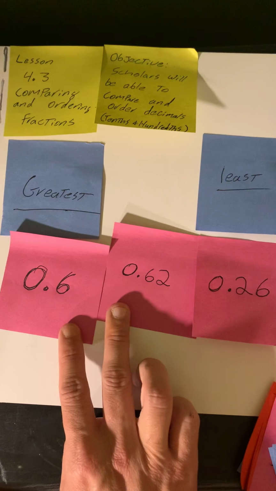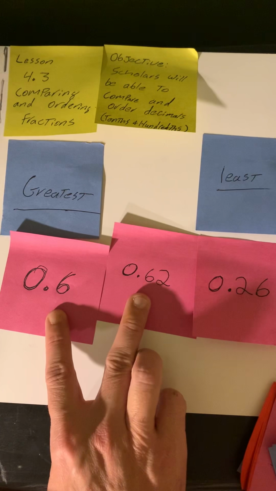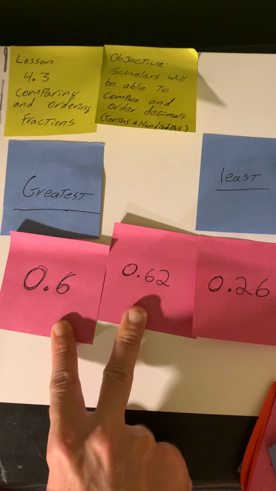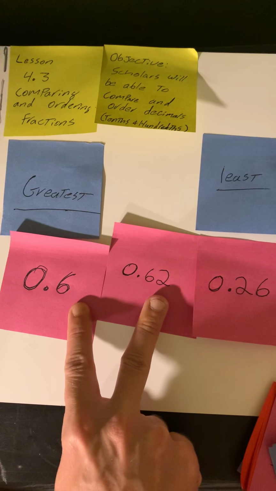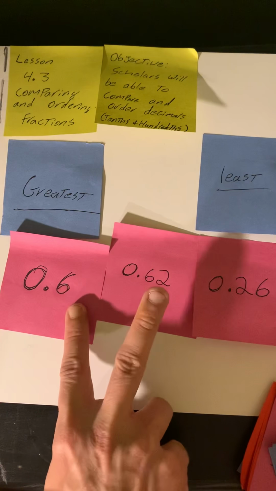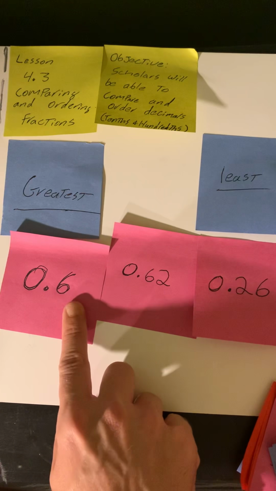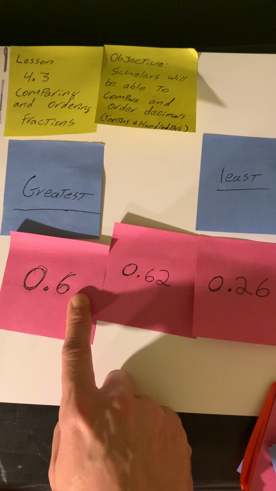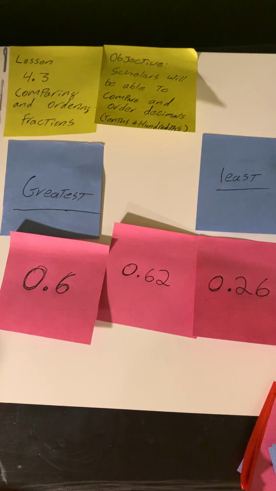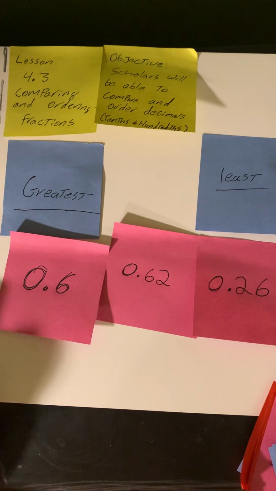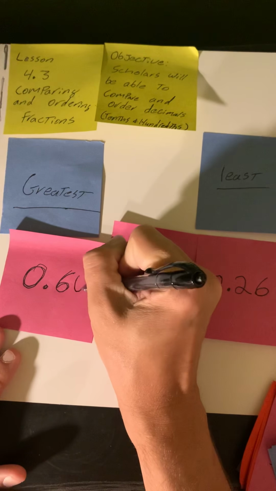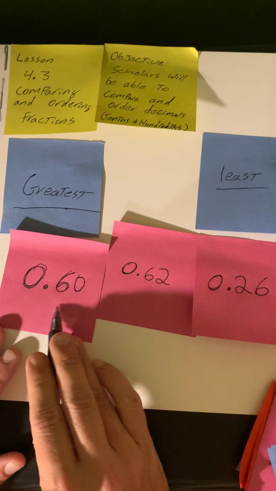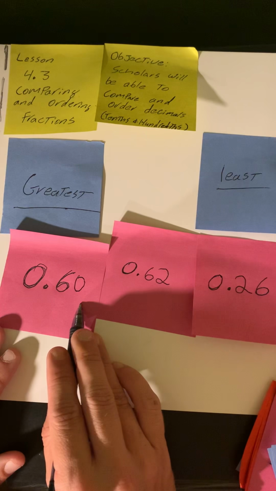To compare these, because they have the same number in the tenth spot, I need to look at the hundredth spot. This number here, 6 tenths, doesn't have a number in the hundredth spot. However, I know that 6 tenths is equal to 60 hundredths.